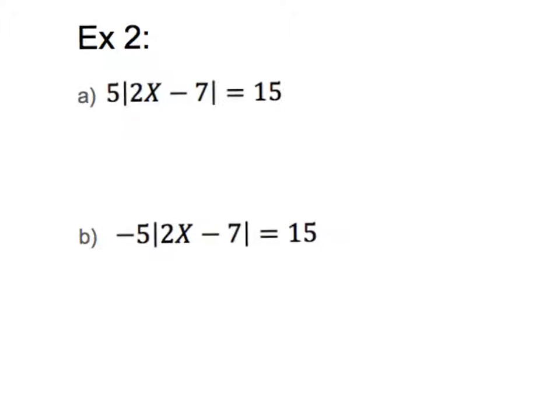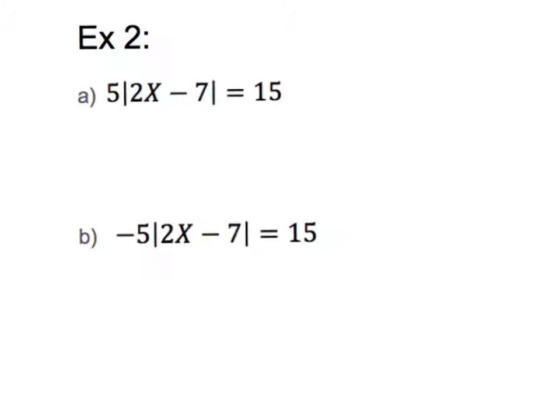All right, so let's take a look at these problems here. Notice how this 5 here is outside this absolute value. And so I need to take care of this 5. But let me just mention here, the biggest mistake when people are working with absolute values is they treat them like parentheses.